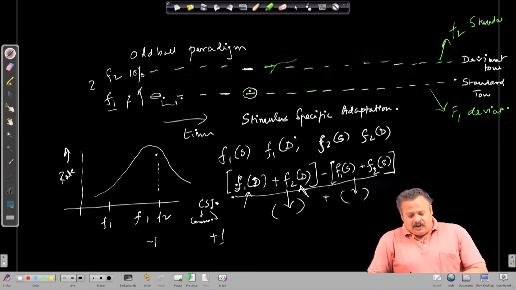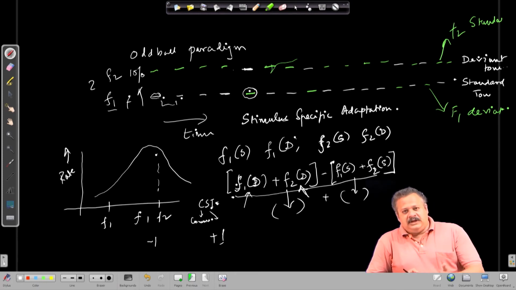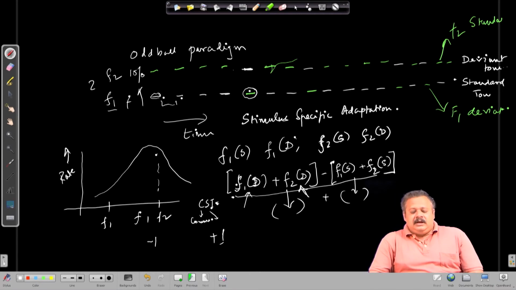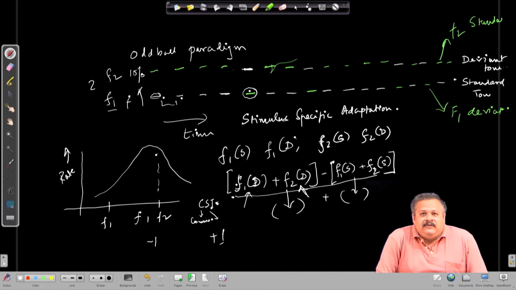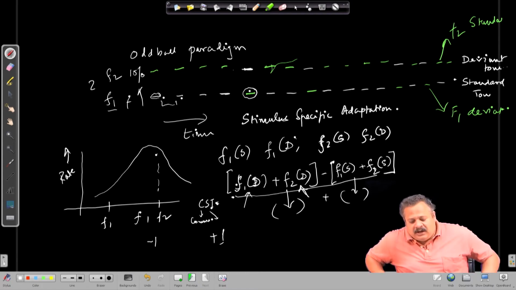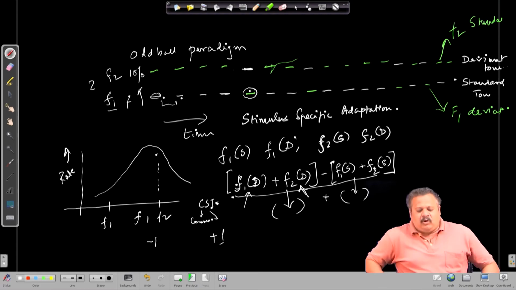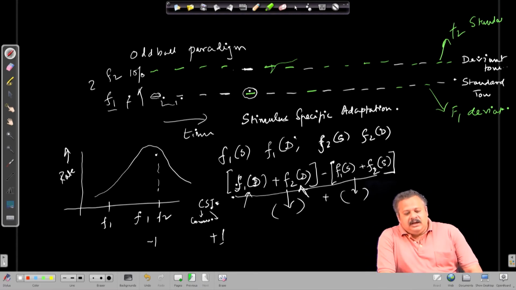So, neurons in the auditory pathway have shown that many neurons show positive value of this CSI, which means that they have this kind of selectivity to a deviant sound, and we will now just see that at least in one kind of model, it can be shown that it is based on short term depression.